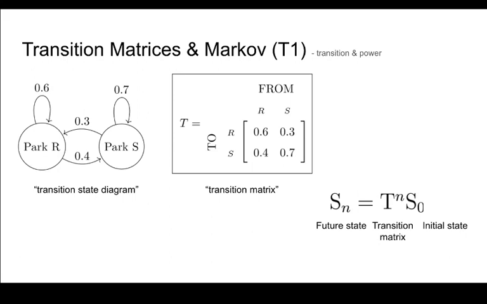So the chances of moving from R, going to R or going to S, have their own probabilities, and they all have to add up to 1, because the choice of someone from part R the next day is either to go back to R again, or to switch to S. And the same goes for S.